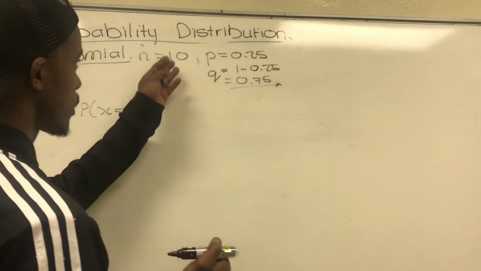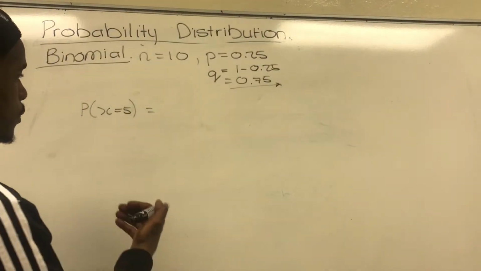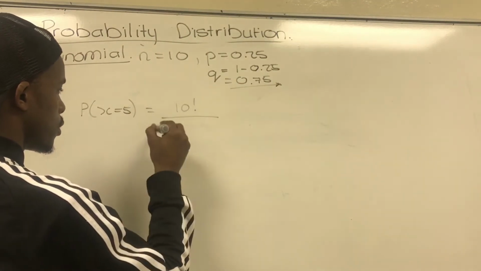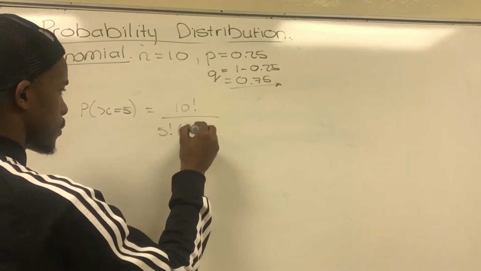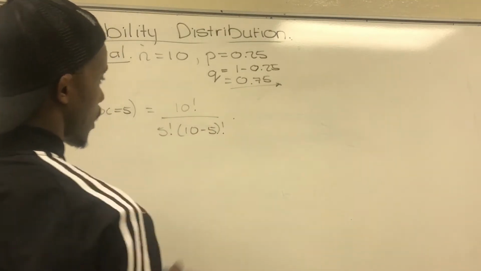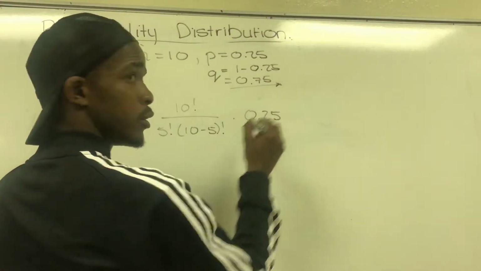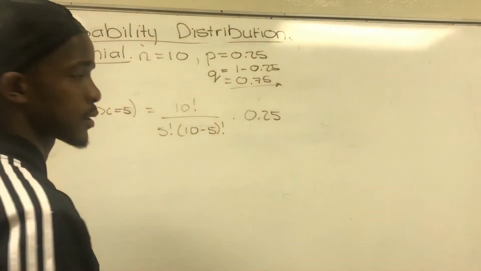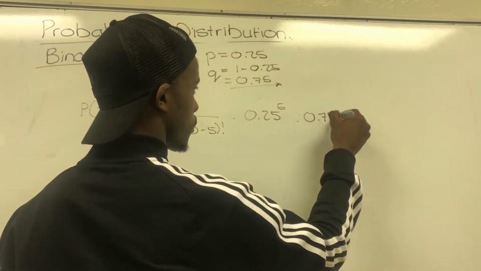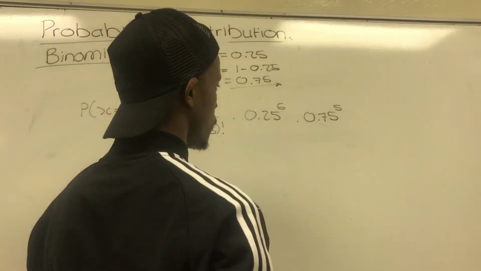So you just simply plug each of these things into the equation that we saw in the previous videos. This will be 10 factorial over 5 factorial times (10 minus 5) factorial, times the probability of a success, 0.25, to the power of the number of successes, which is 5, times the probability of a failure to the power of the number of fails that we have, which is 5 as well.